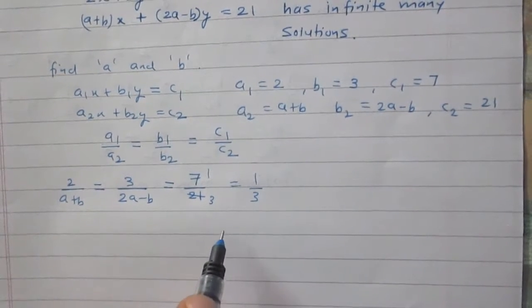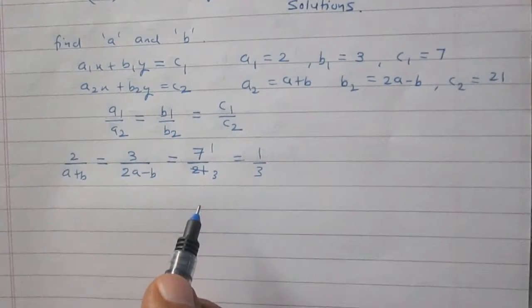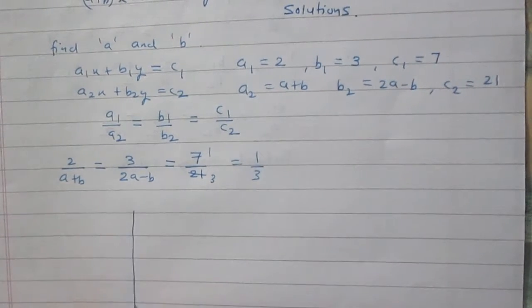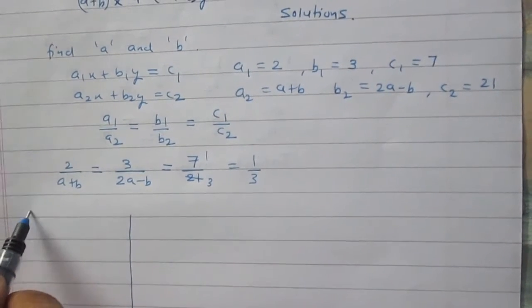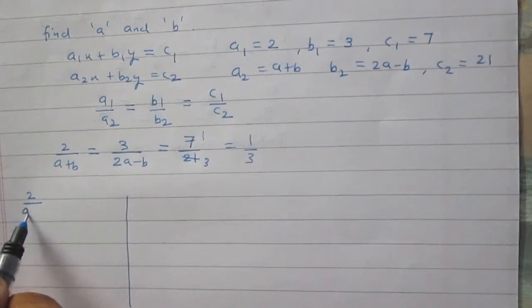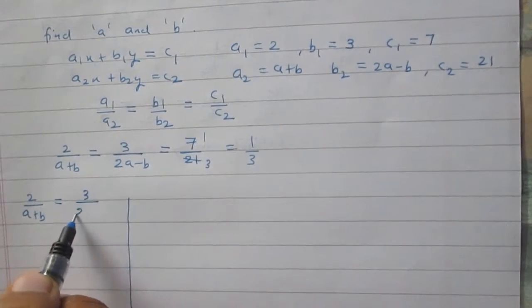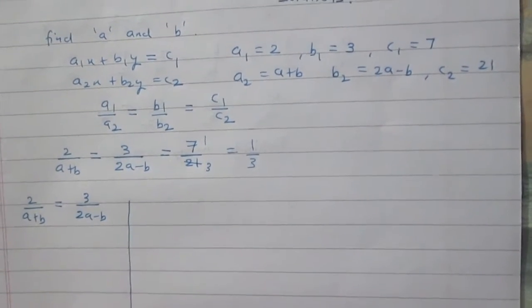Now, we can define these equalities in terms of three situations. First situation, we will compare the first two parts: 2 upon a plus b is equal to 3 upon 2a minus b.